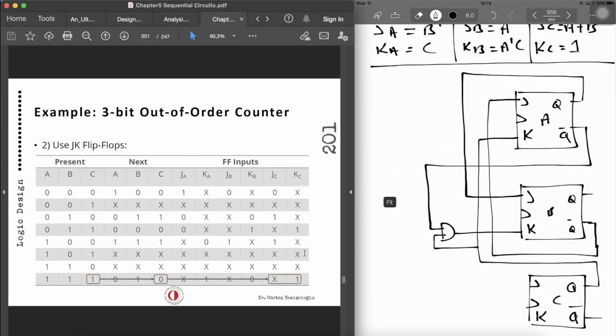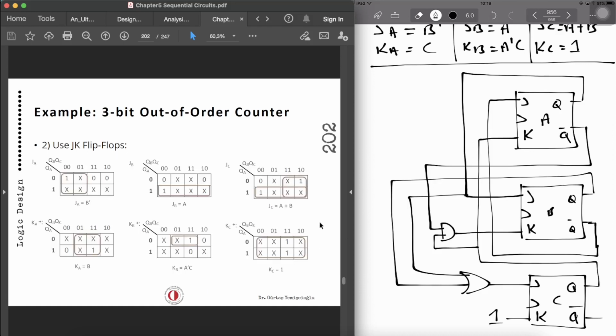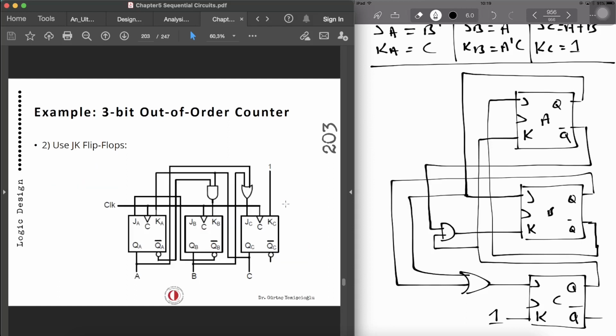And then JC is A plus B, so I need an OR gate: A plus B, and KC is just 1. And that is the implementation of the 3-bit out of order counter using JK flip-flops. You can see the K-maps that we have derived and the circuitry.